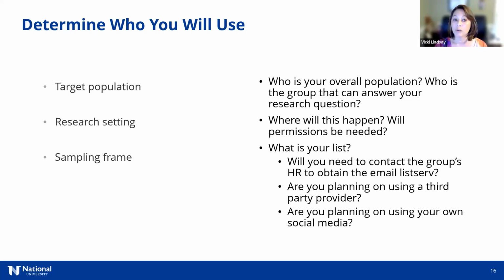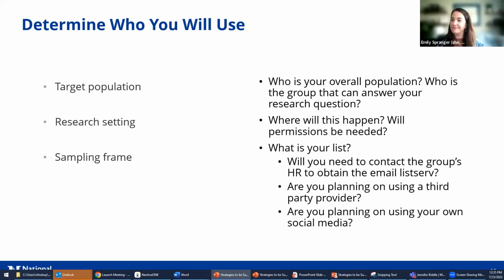Then you're going to look at your research setting. Most people nowadays are going online. So where would this happen? Are you going to do an interview over Zoom? Are you going to give questionnaires out to the local department? Will your permissions be needed?